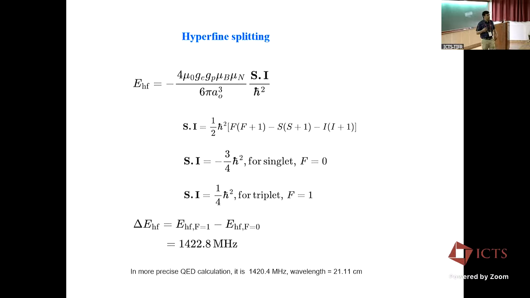So that's how this 21 centimeter, and the corresponding wavelength is 21.11 centimeter. So that's how this signal arises. It is basically the splitting of the ground state of hydrogen and the transition between the triplet and singlet states, and that gives you this 21 centimeter signal, right?